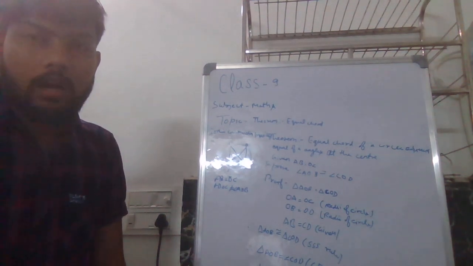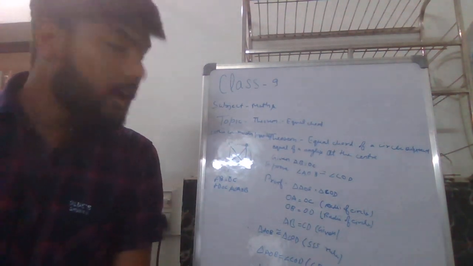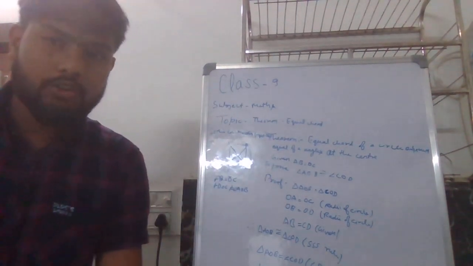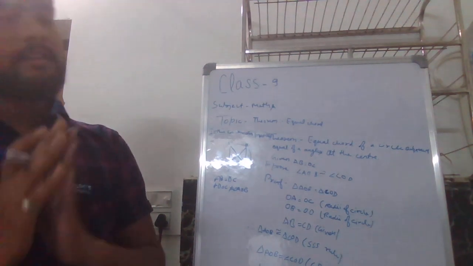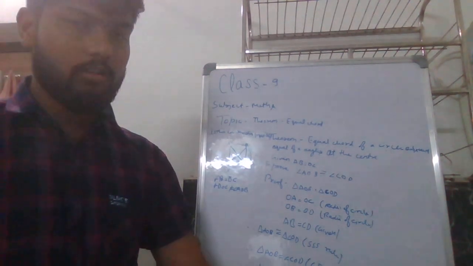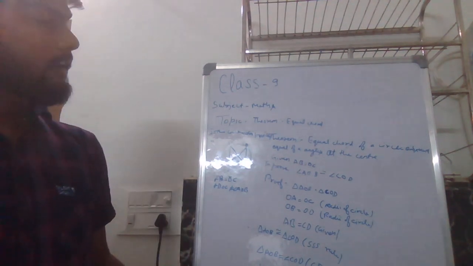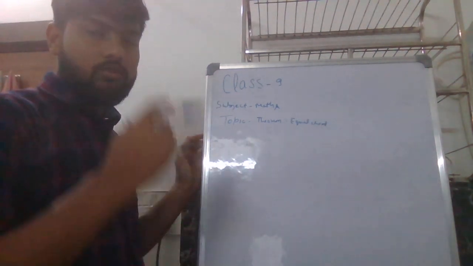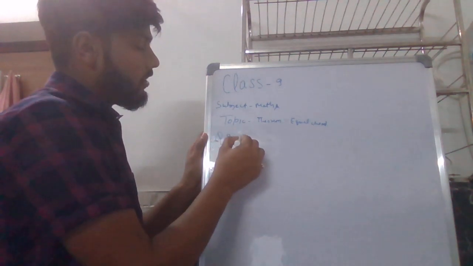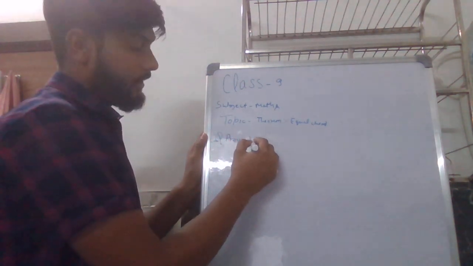Now I will show you one question. I will write that question over here, and you have to read it and tell me what you understand by it. First I will draft this, and then I will write the question.